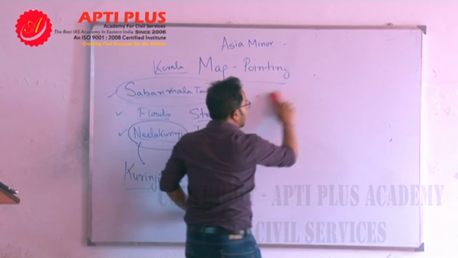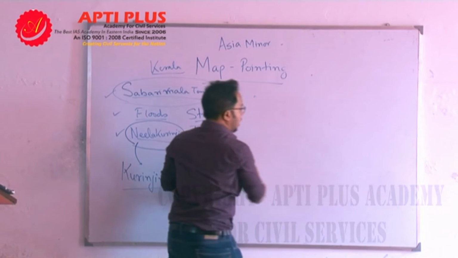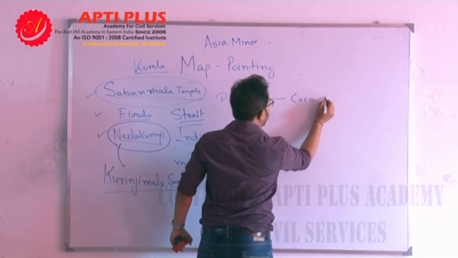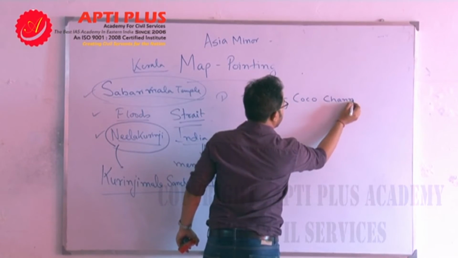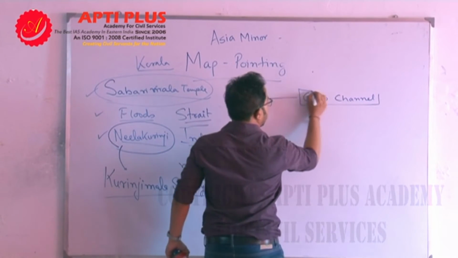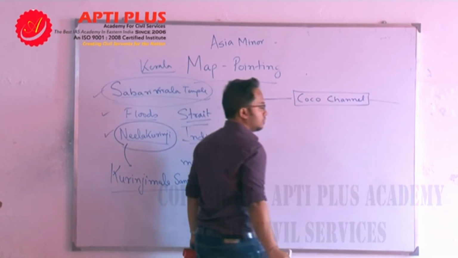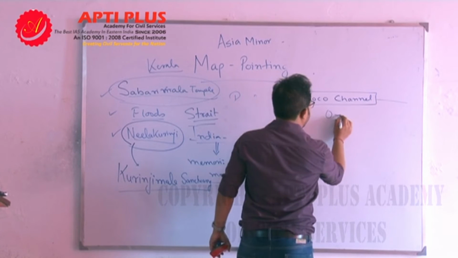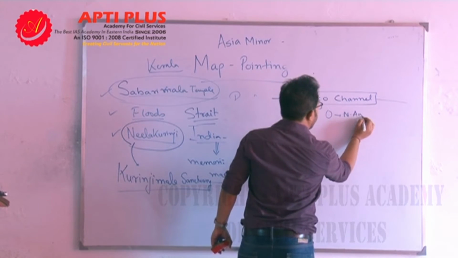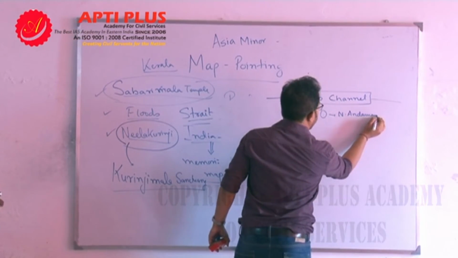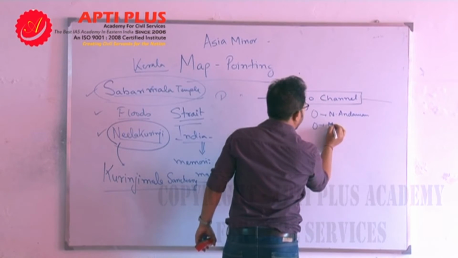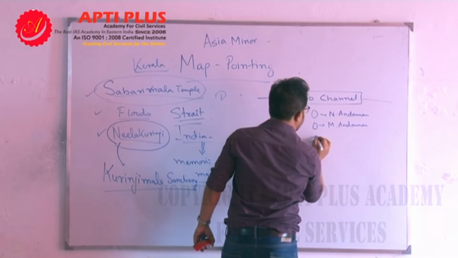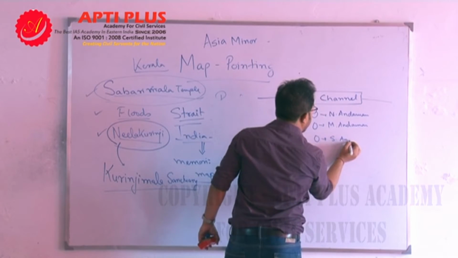If you look at Andaman and Nicobar, you will get to see that on the top we have something called the Cocos Channel. Can you see? And below Cocos Channel, you will have North Andaman, Middle Andaman, then we will have South Andaman.